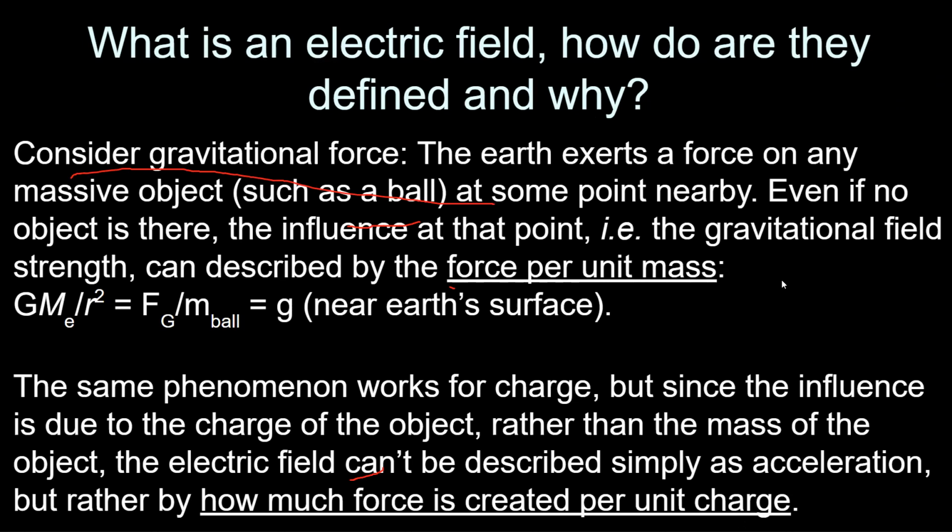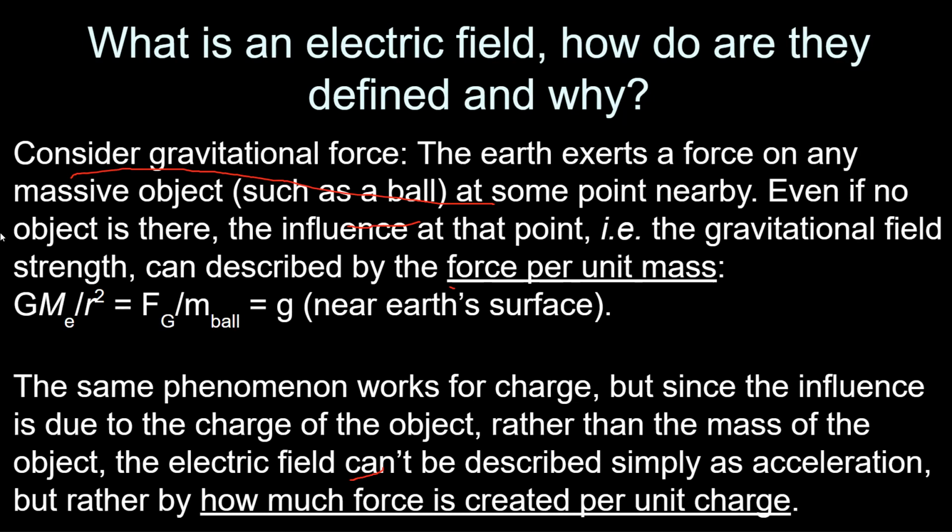Basically, even if the object is not there, you can still describe gravitational force as a force per unit mass. For example, for universal gravitational force, you have this formula GM over r squared, and if you divide Fg by m, you would get g.